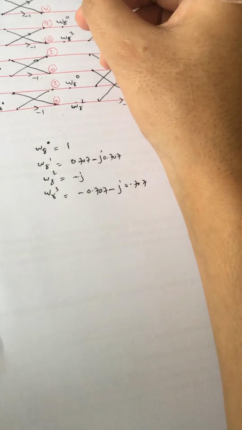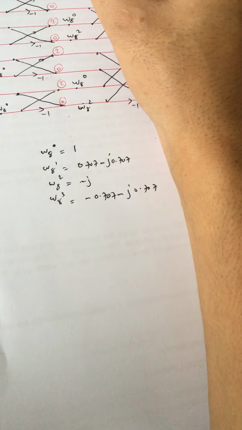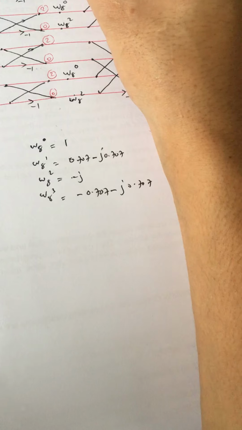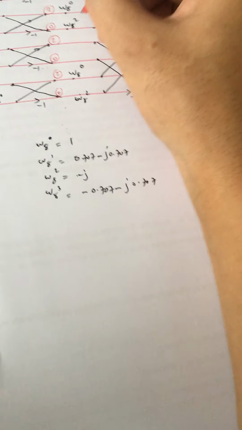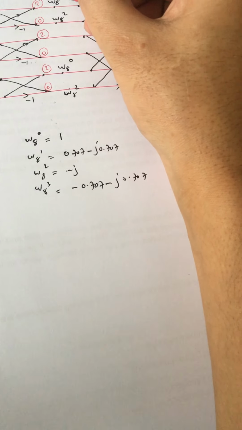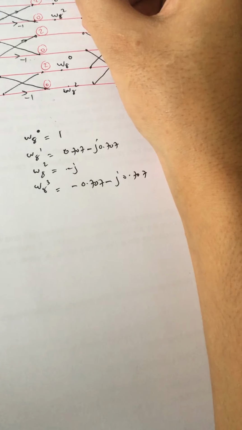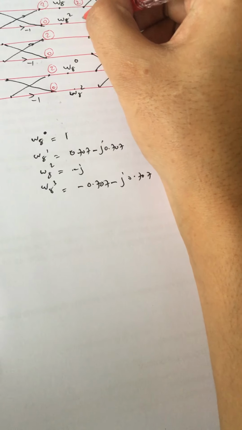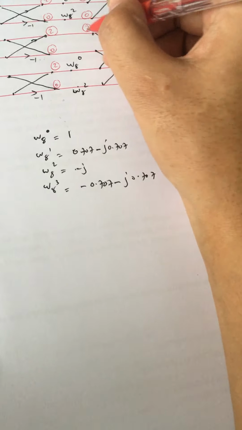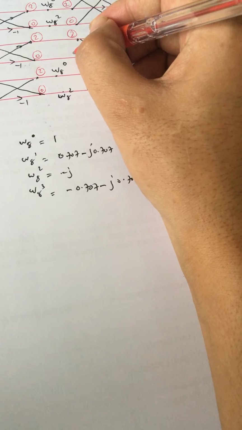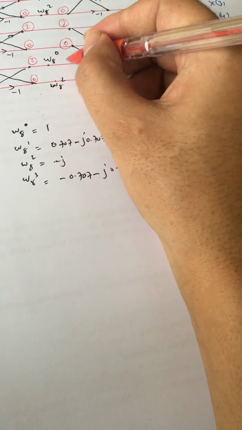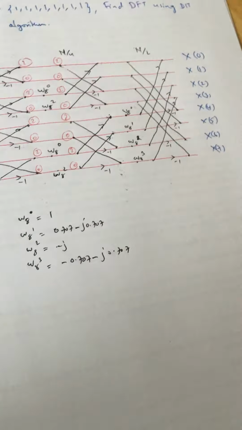Now this should be multiplied in the next structure. This will be 2 and 0; omega 8 raised to 0 is 1, so therefore it will be 2, and 0 times 0 is 0. So this will be 2, this will be 0.